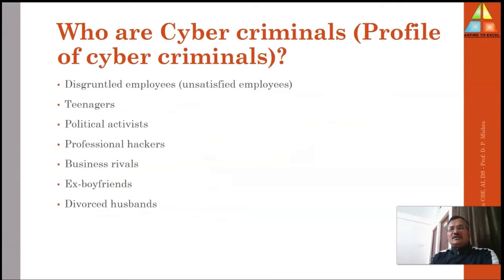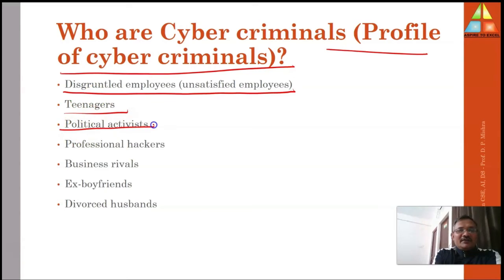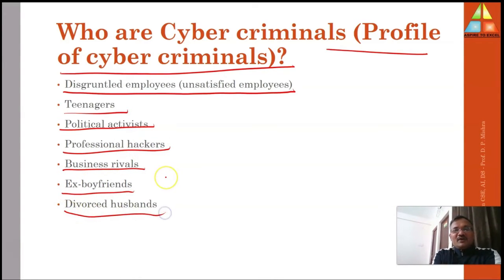So who are the cyber criminals, or what are the profiles of cyber criminals? Major profiles related to cyber criminals are disgruntled or unsatisfied employees, teenagers, political activists, professional hackers, business rivals, ex-boyfriends, girlfriends, divorced husbands and wives. These are the major profiles related to cyber criminals based on the records of the NCRB.